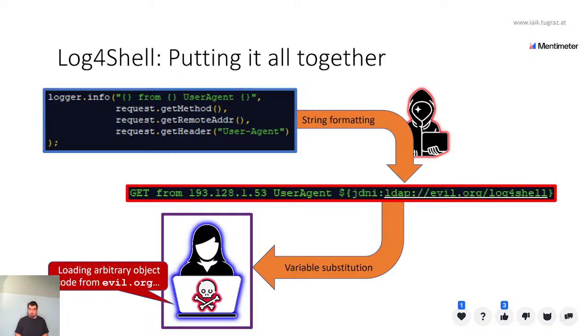But what happens if this string, I mean, it's maybe not as likely with a user agent, but imagine if this is, for example, a name. This is like a last name field. And now this in the web server doesn't trigger exploitation, but over time it gets processed on the back end, right? It travels.